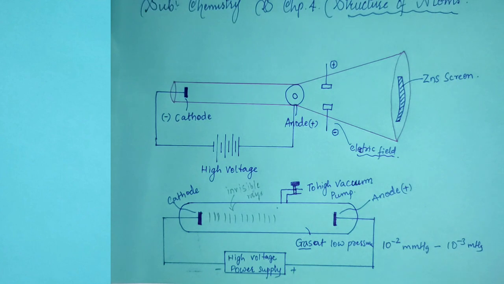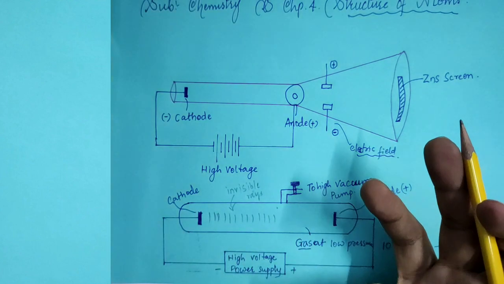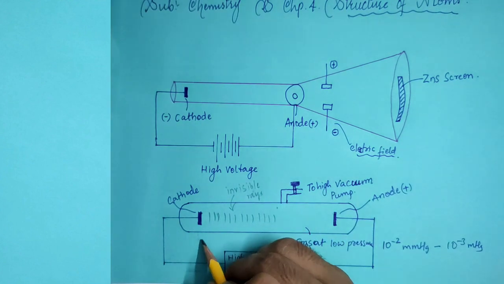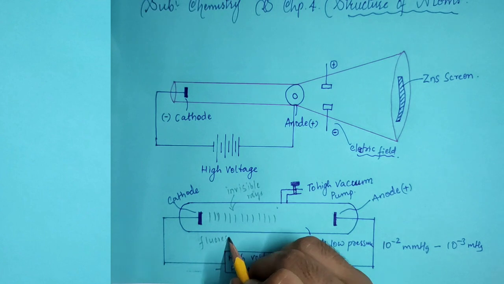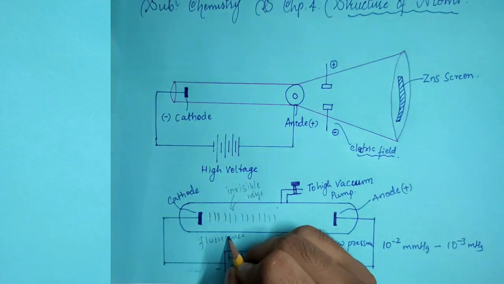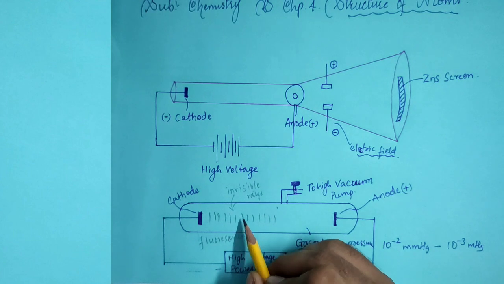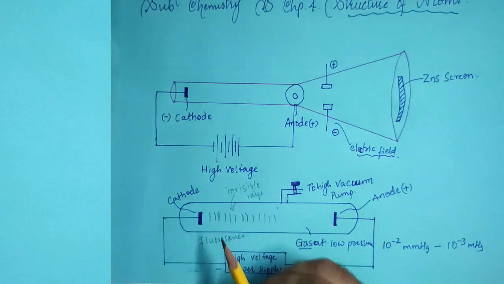These rays produce fluorescence on the glass tube, and also affect the photographic plate. These invisible rays were named cathode rays by J.J. Thomson.